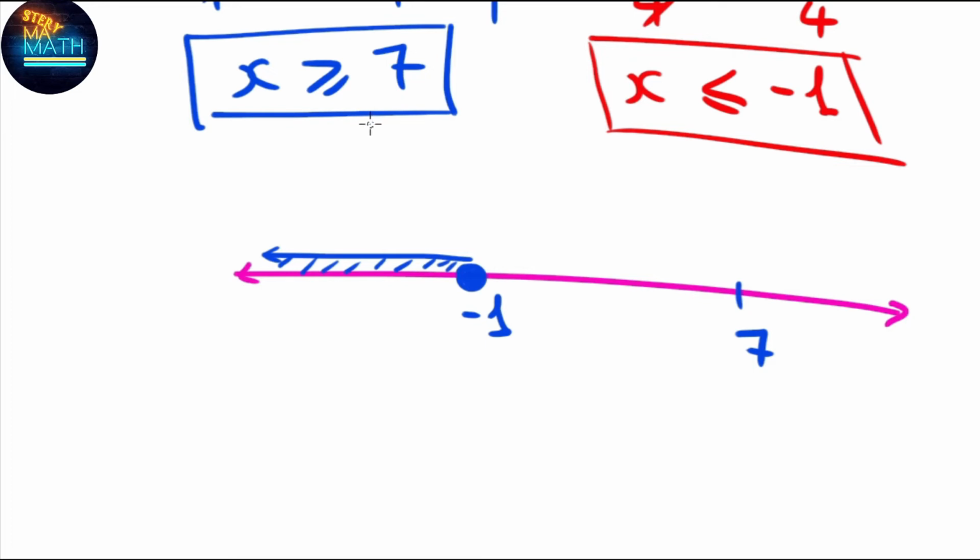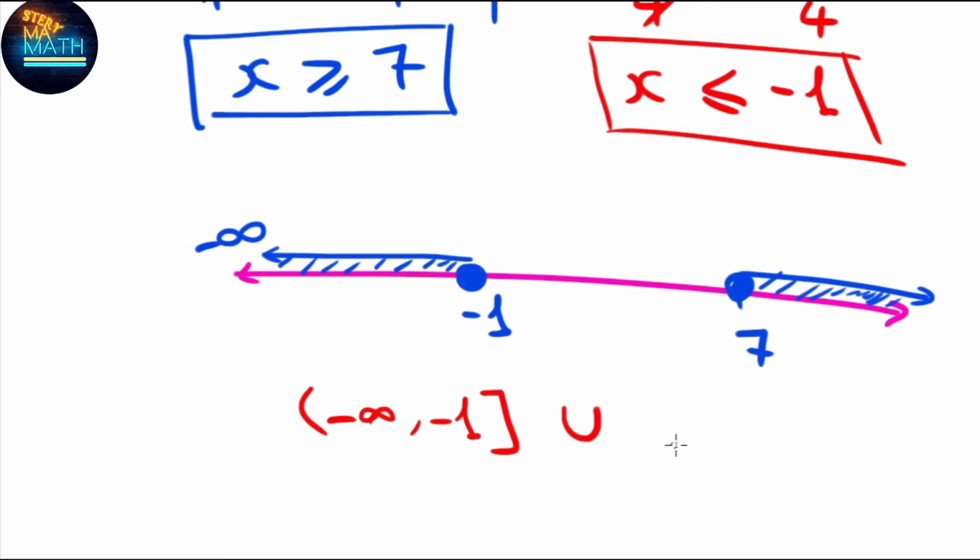And here x is greater than or equal to 7 with closed circle, and go to the right because it's greater than. And that's when we have the word or. So the solution is negative infinity and negative 1 union 7 and infinity.